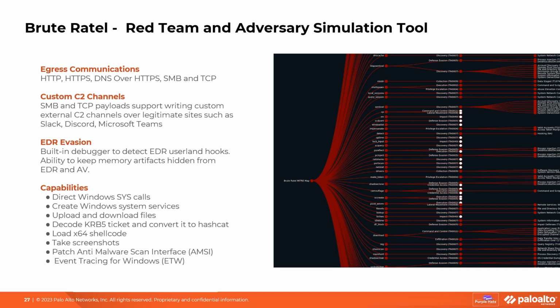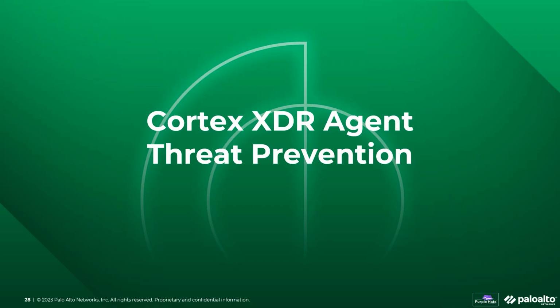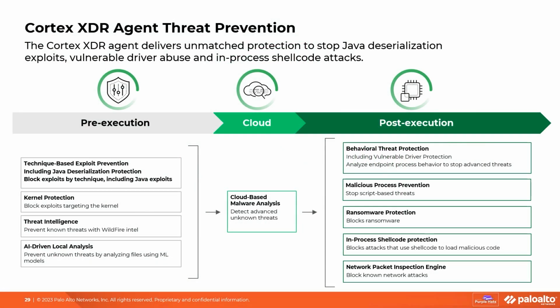And in the past year, we did develop a new capability for shellcode detection that allows us to detect the shellcodes used by all of those different frameworks and prevent them from getting to the next step of the attack. Those are the four things that we've been seeing more and more in the past year, and we've been working a lot to enhance our protections and capabilities on the XDR agent to protect our customers.